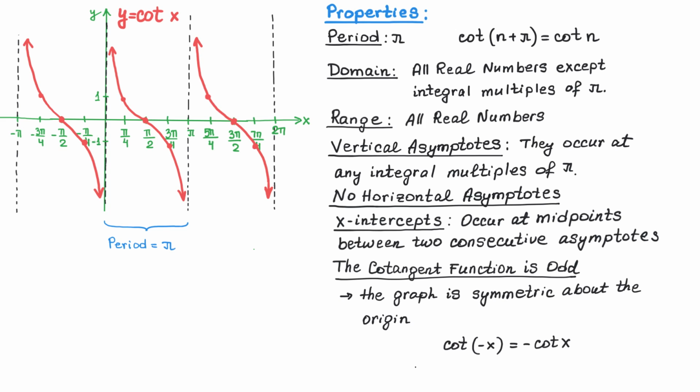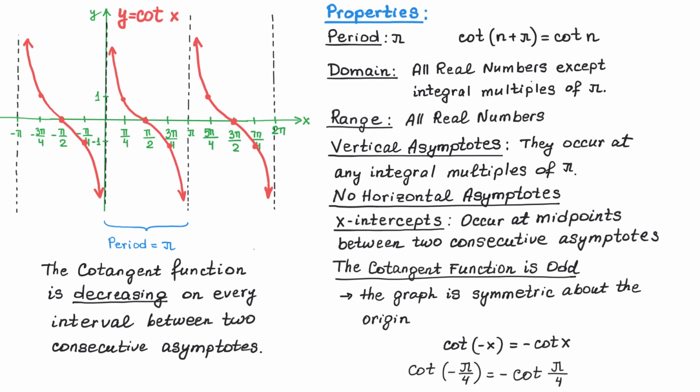So we can say that cotangent of negative pi over 4 is equal to negative cotangent of positive pi over 4. So again, cotangent of negative pi over 4 is -1, but cotangent of positive pi over 4 is +1, and with the negative in front will also be -1.